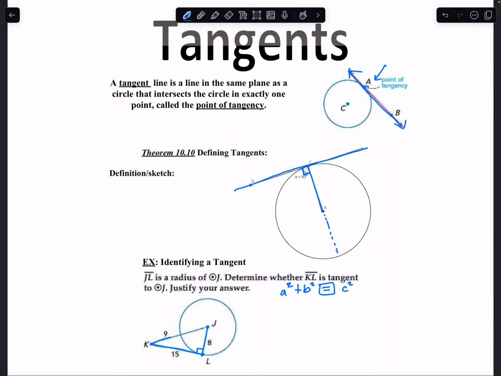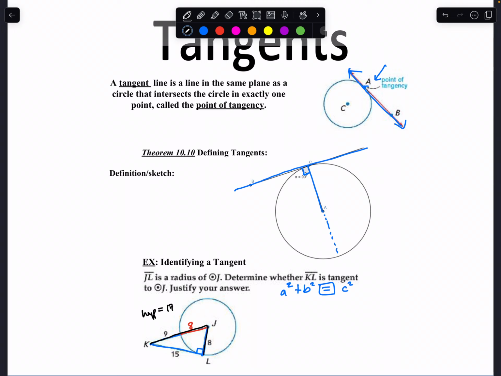This length right here is 9, and since the radius here is 8, this section here, I'll do it in a different color so you can see it, would also be 8. So if we're trying to do the Pythagorean theorem, you can see how the full hypotenuse is 17.